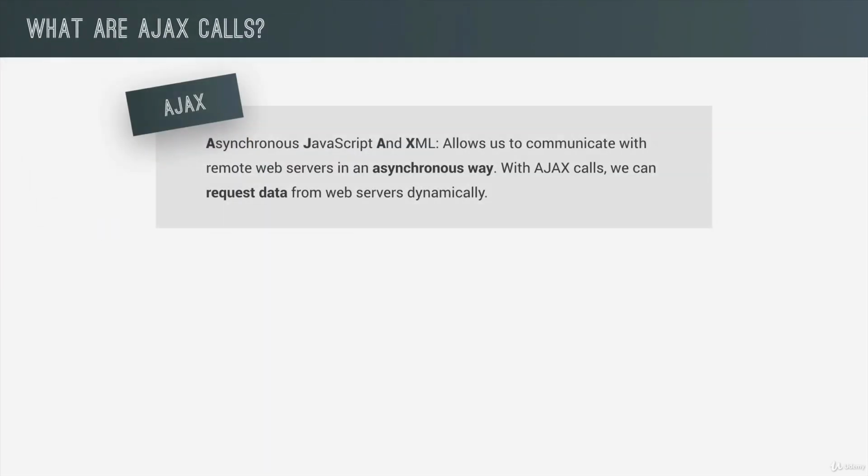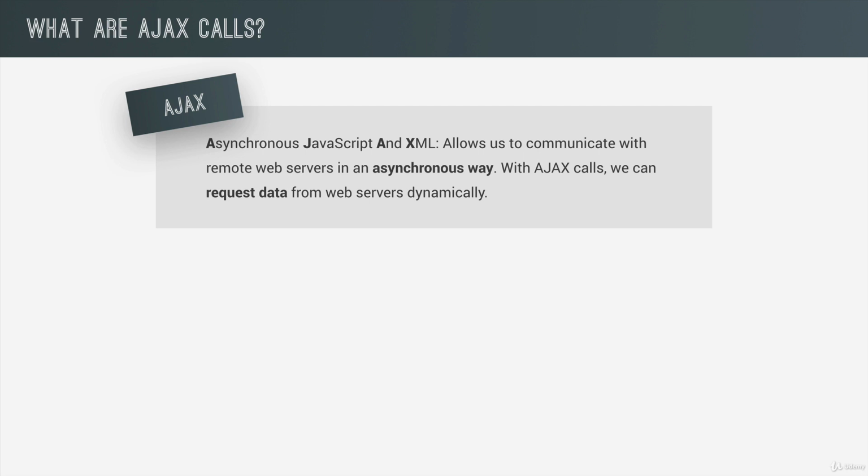So AJAX stands for Asynchronous JavaScript and XML, and basically it allows us to communicate with remote web servers in an asynchronous way. Now in practice, we make AJAX calls in our code in order to request some data from a web server dynamically, so without reloading the page, so that we can use that data in our application dynamically.